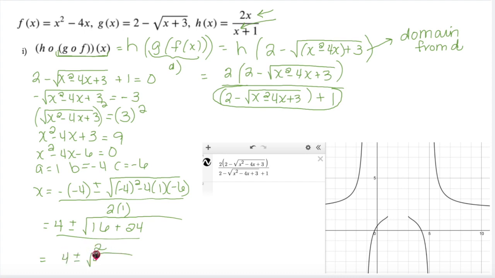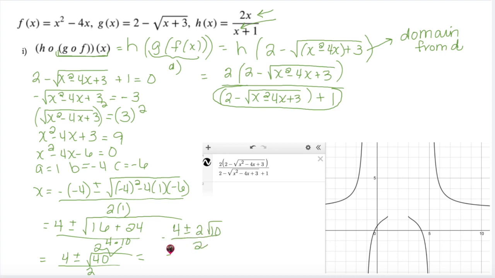4 plus or minus the square root of 40 over 2. 40 is the same thing as 4 times 10, and I can take the square root of 4. 4 plus or minus 2 square root 10 over 2.